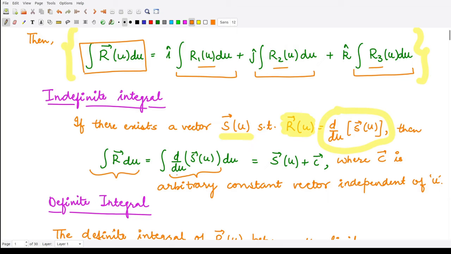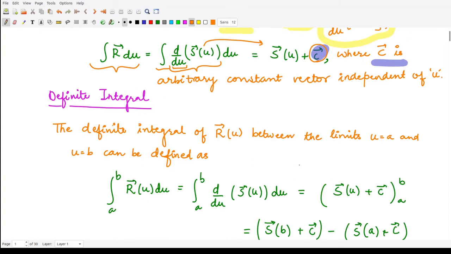When you perform the integration of this derivative term, the effect of integration cancels out the effect of the derivative. So in effect you will obtain s of u, and moreover you will also obtain the constant of integration. Notice that this constant of integration is also a vector quantity, and not a scalar as we obtain in the case of normal functions, right? So this is how you define the indefinite integral in the case of vectors, where we obtain a vector constant as a result of this integration.